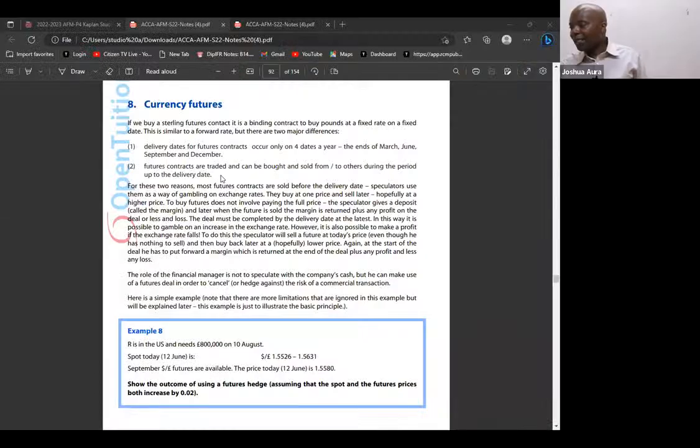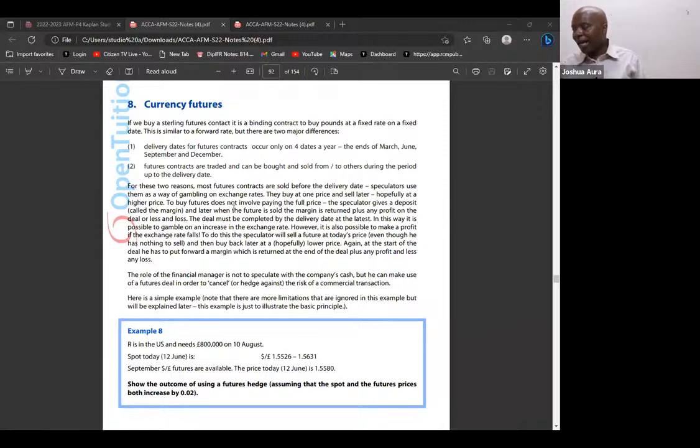Future contracts are traded and can be bought and sold to others during the period up to the delivery date. That may not make a lot of sense for now. It will make sense as we continue. For these two reasons, most future contracts are sold before the delivery date. Speculators use them as a way of gambling on exchange rates.